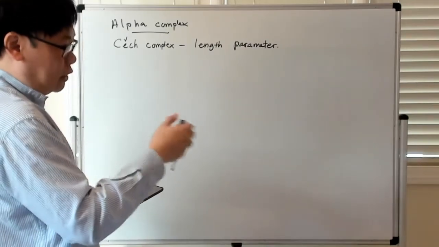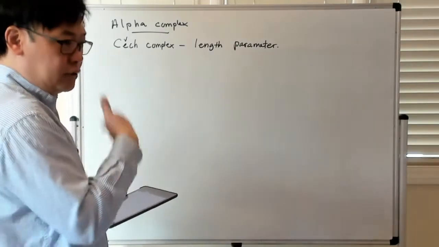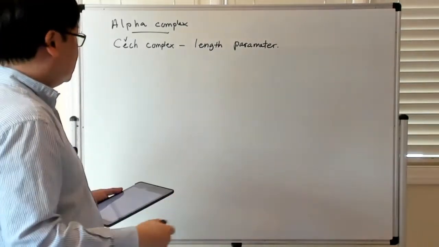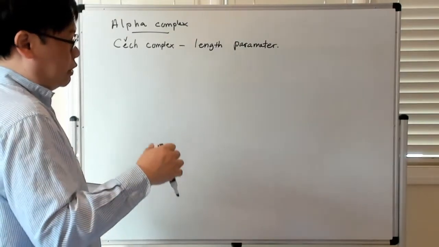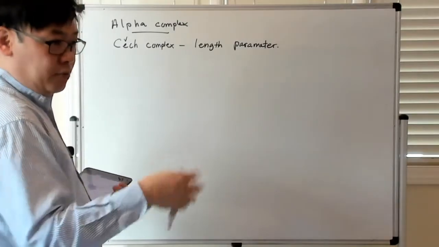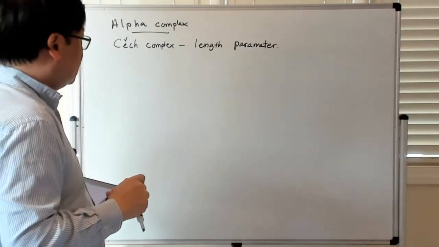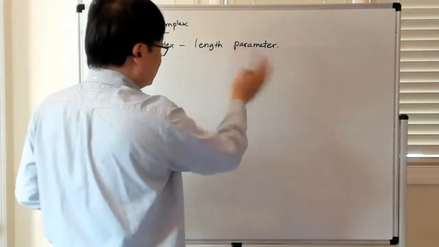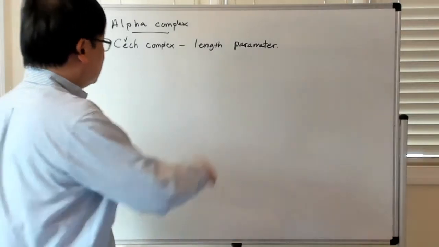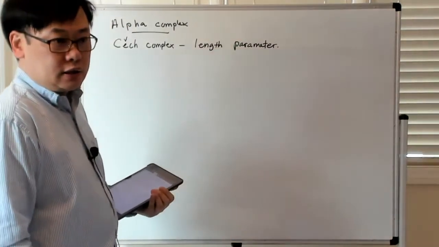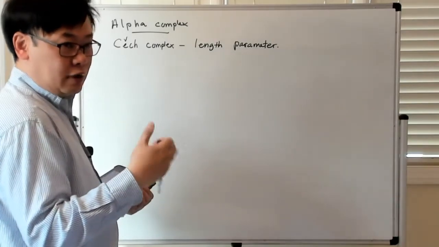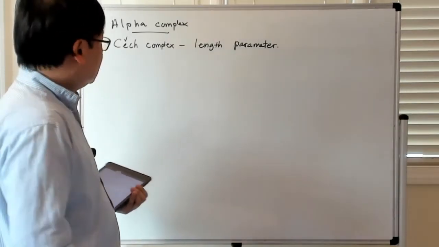On one extreme it corresponds just to a set of points which are disjoint, and the other extreme corresponds to one extremely high dimensional simplex where every single point in the point set is connected to each other. So this length parameter becomes a tuning parameter, and what we'll see later in the context of persistent homology is that it gives you a way of seeing what the important length scales in the problem are.